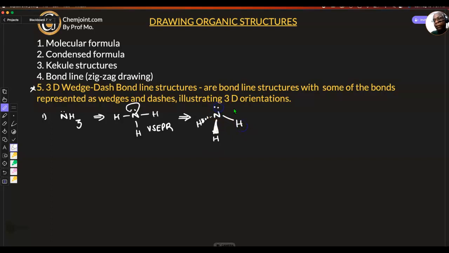The lone pair is still up there. So that will be the 3D representation, and we said that this is going to be trigonal pyramidal instead of trigonal planar, all because of valence shell electron pair repulsion theory.